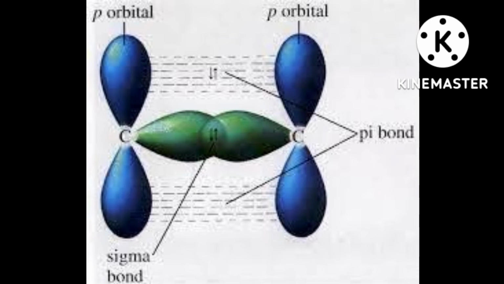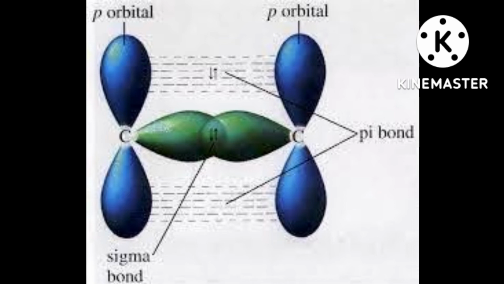Then when both orbitals come in such a way that both electrons come closer, only then they will overlap and the bond will form. Not like that, where one lobe has electron and the other lobe has no electron. Then there will be no bond formation.